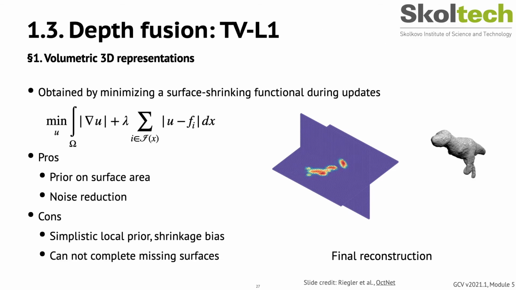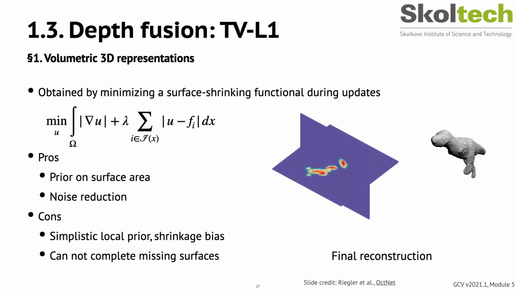And because of that, many of these scans remain noisy and have a number of holes inside. So one method to tackle such a problem, which is specifically very efficient in dealing with noise, is what's called the TVL1 depth fusion. It is obtained by minimizing a surface shrinking functional. Basically, you're trying to get the same mesh or the same surface.